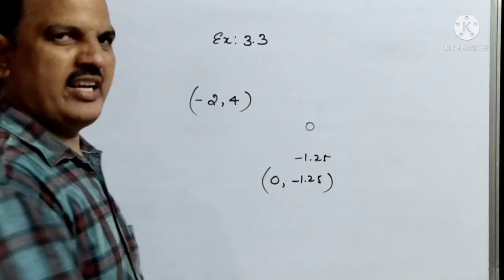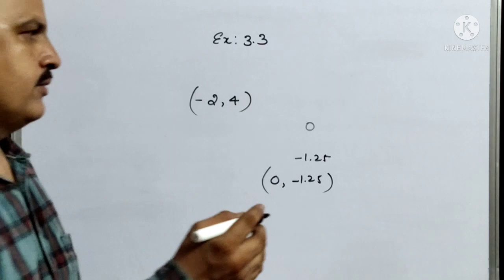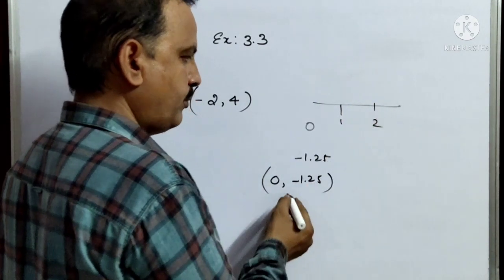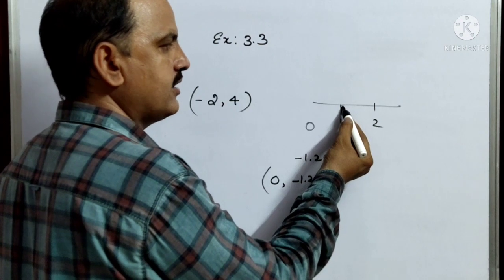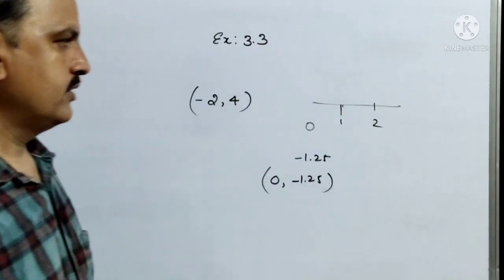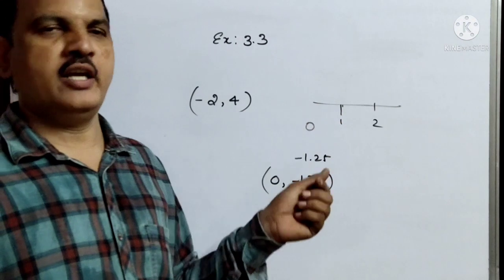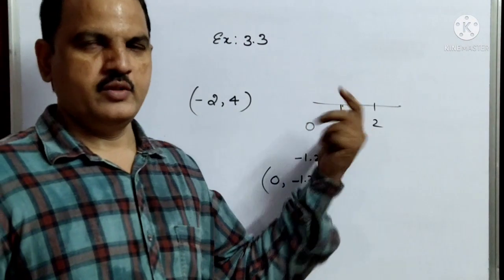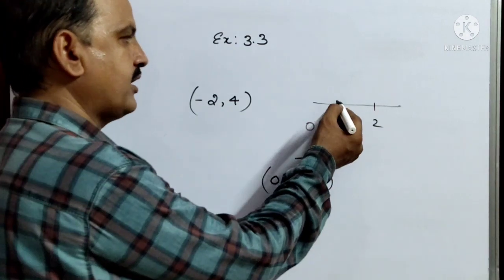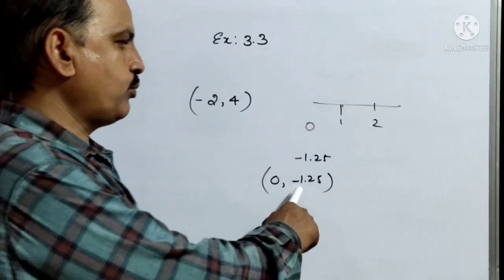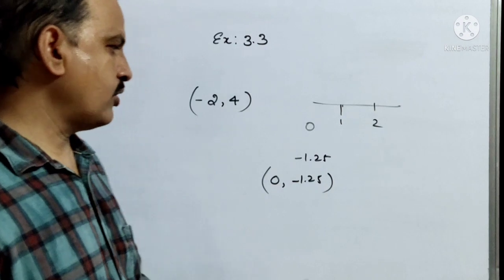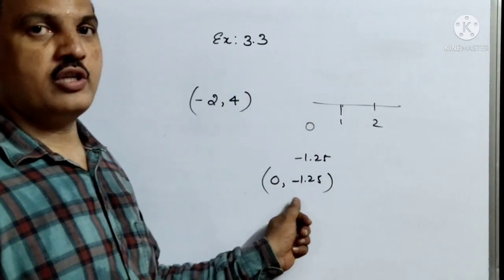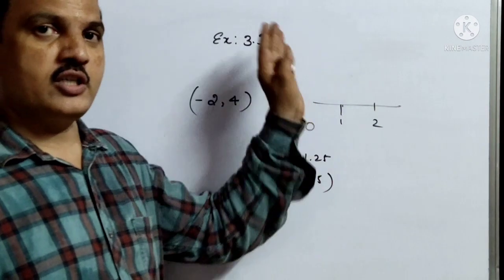Minus 1.25 you may not get exactly. Suppose 1, 2 are here. 1.25 means just next to the second line, an approximate value. We cannot say the perfect value, just take the exact first point. So you can plot the point like that. Actually it comes on the y axis, because x is 0, so it lies on the y axis, vertical.